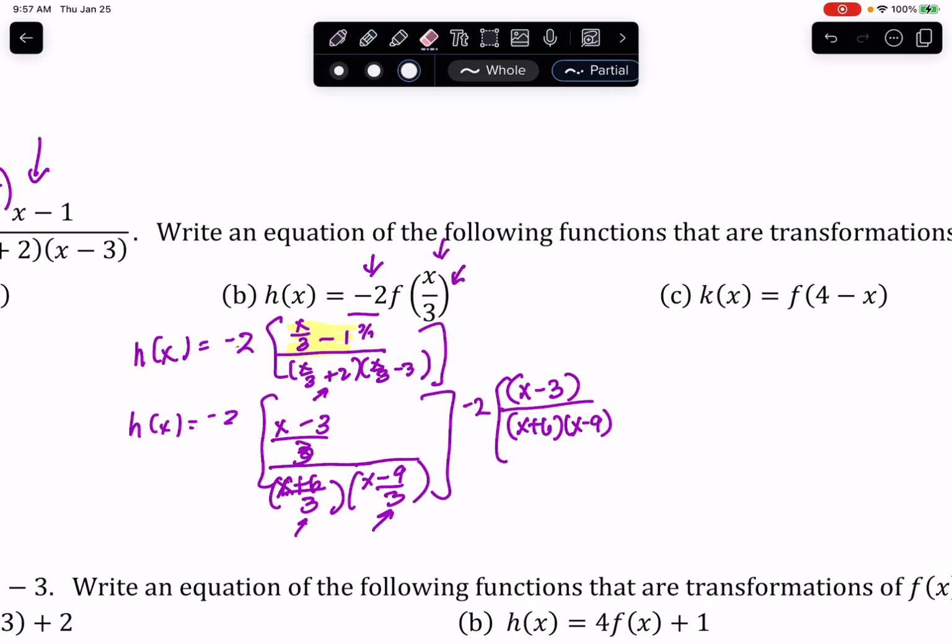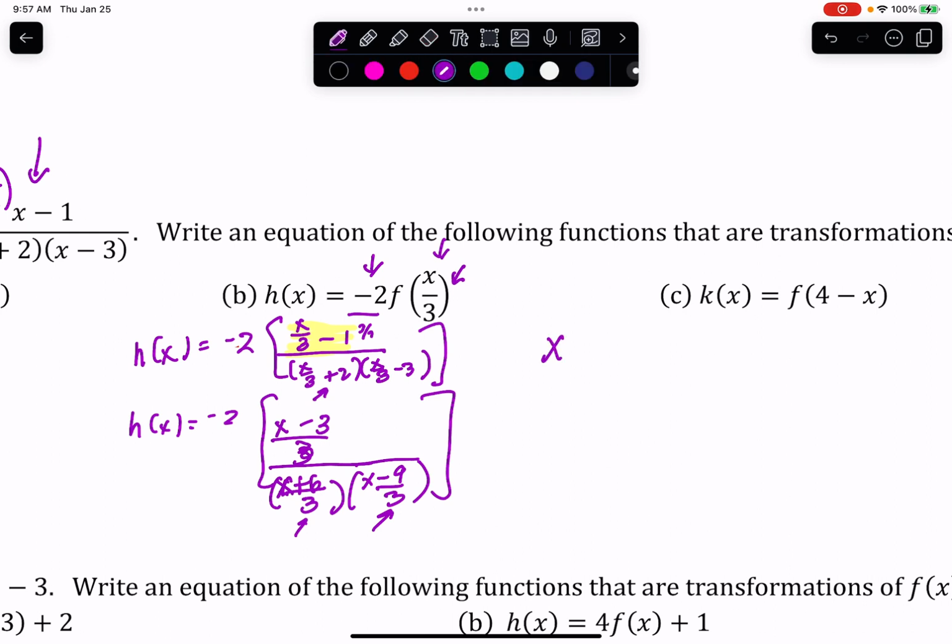So maybe that's why you were wondering about how to do this. To make it clearer, I'm going to put, for now, x minus 3 over 3, and then wouldn't this be x plus 6 and x minus 9? They're both over 3, right?